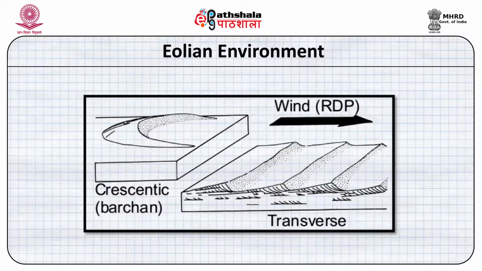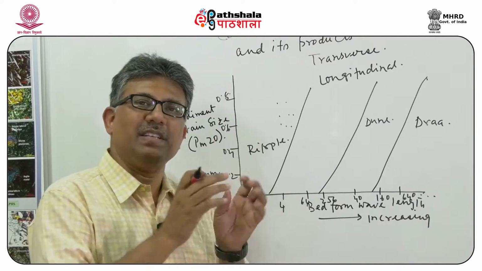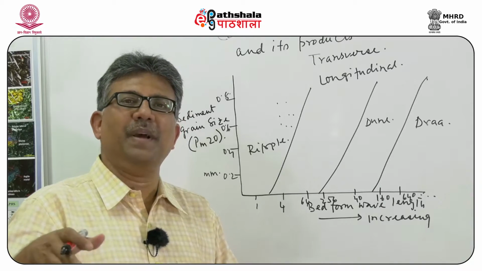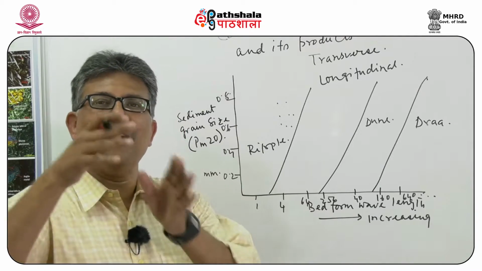Now, what is a transverse bed form? When the crest line is at a high angle, nearly normal to the direction of the wind, we call it the transverse bed form. It will have a very significant single slip face, the slip face through which the sediment avalanches.